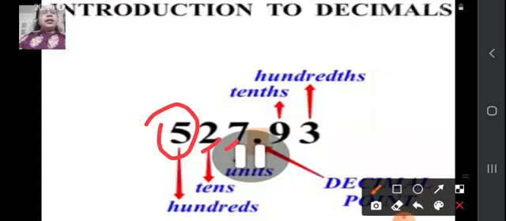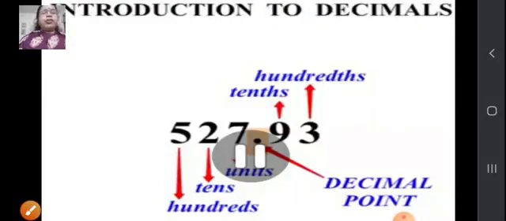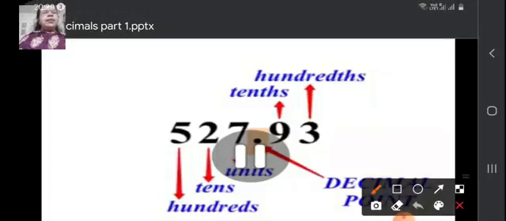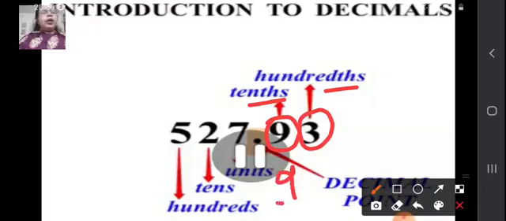Then comes the decimal point. To the right of the decimal point, the first one is the tenths place, and then we go beyond, the next one will be hundredths place. So, in tenths place here we have 9 and in hundredths place we have 3. 9 is in tenths place, it means it is 9 upon 10.